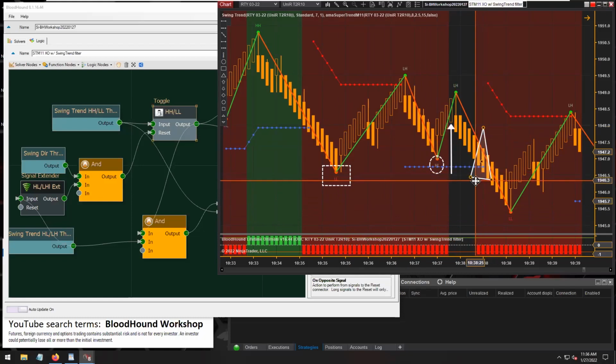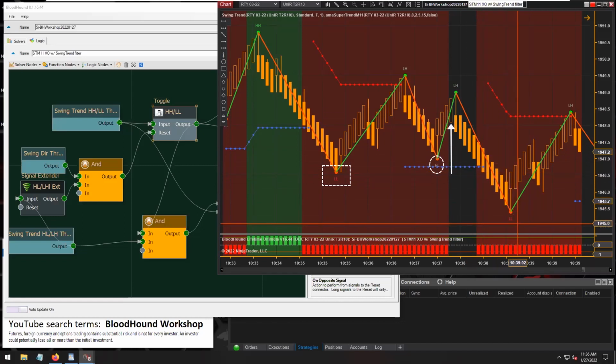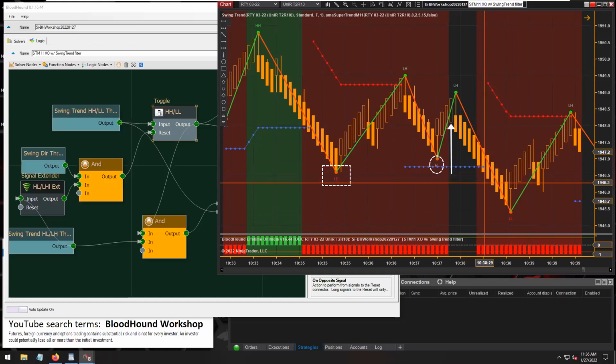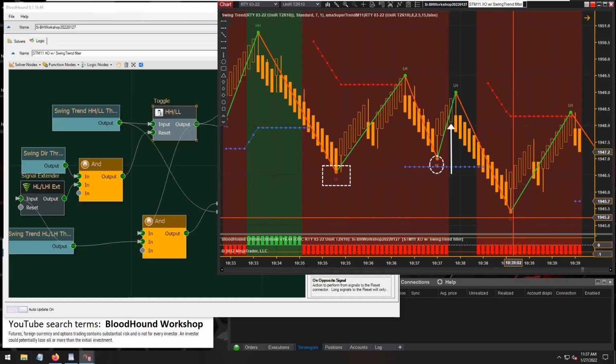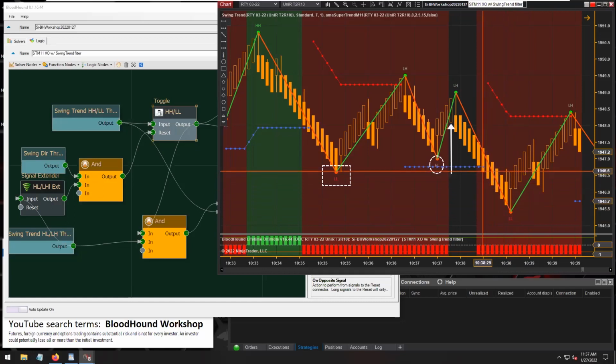But then again, we can see pretty quickly here, this downswing turns into a lower low again. We have another lower low and it became a lower low right here. So the lower low turns back on pretty quickly, which actually doesn't solve our problem. So I think we also need to not identify these lower lows quite so early, because this lower low was identified really early.